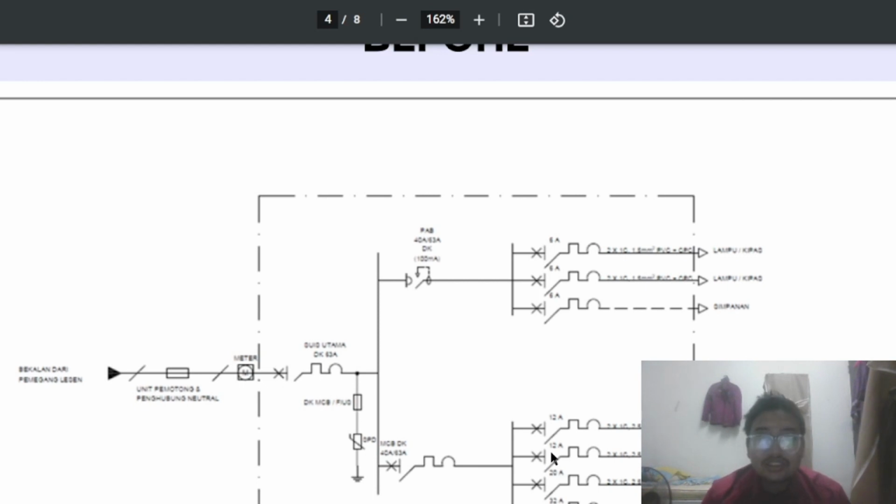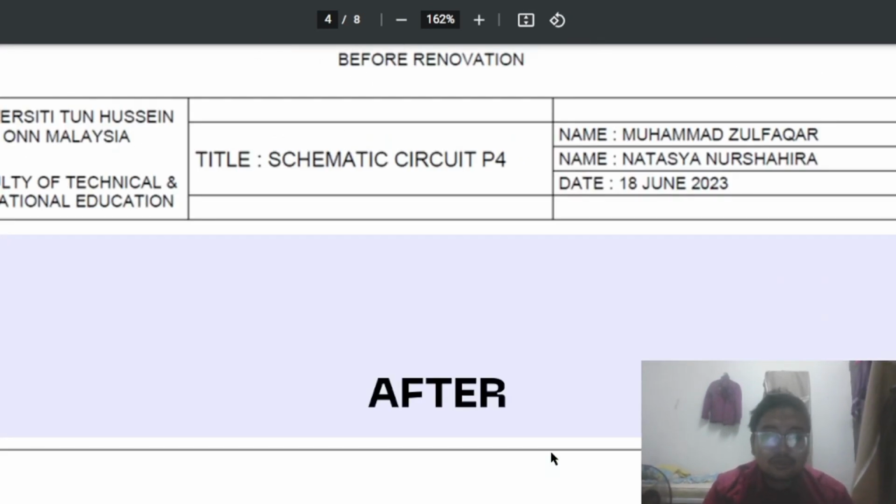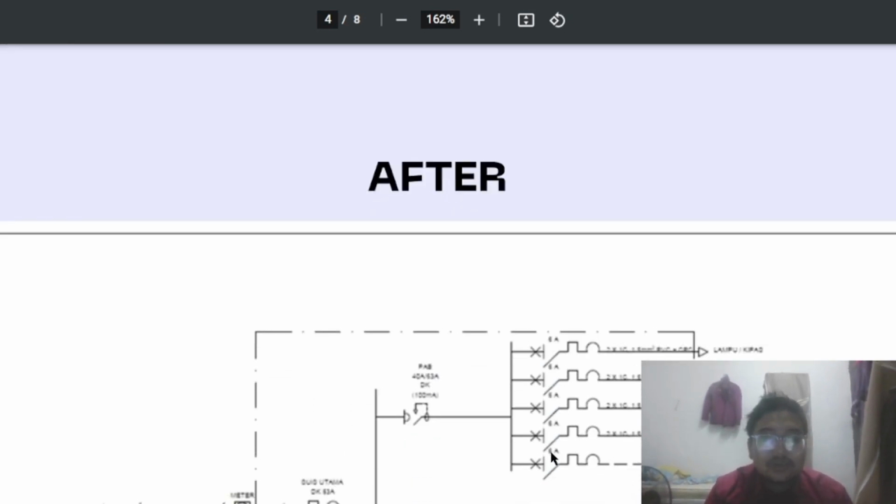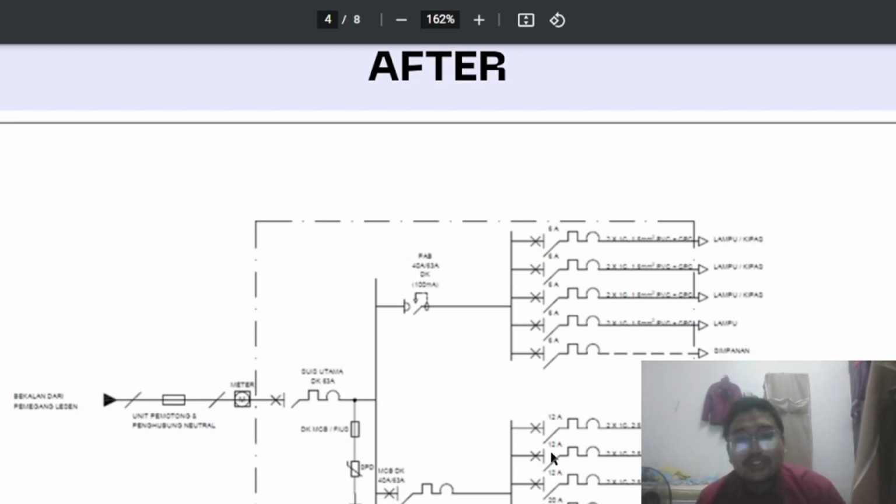But after the renovation, we changed the final circuits to 11 final circuits, in which 4 of 5 are lamp circuits and 5 of 6 are power circuits used in the house.